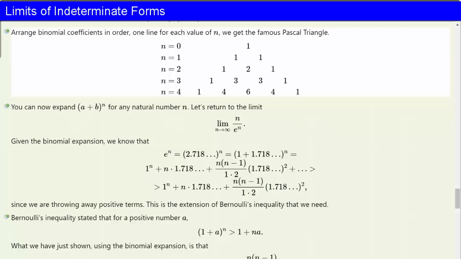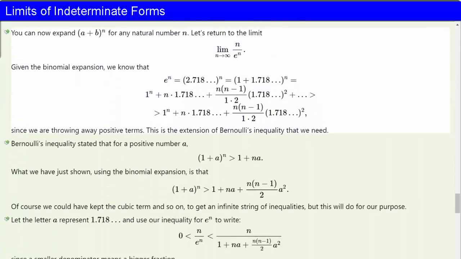Each entry in a row is got by adding the two entries just above it on either side. So, however you wish to calculate the coefficients, either by the binomial expansion theorem or by the Pascal triangle, you can now expand a plus b to the nth for any natural number n.